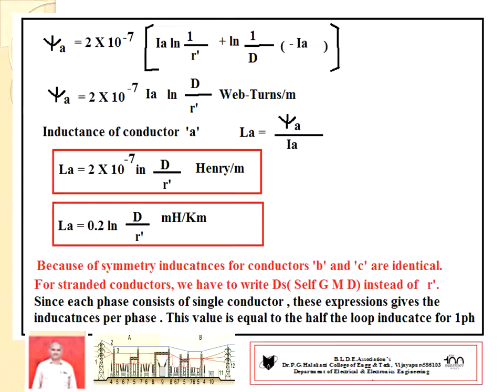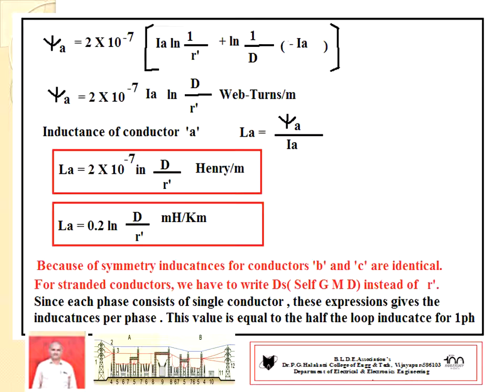So replacing the value of IB plus IC, that may be written as minus IA. Hence the final expression becomes 2 into 10 to the power of minus 7 inside the bracket [IA ln 1 divided by r dash plus ln 1 by d into minus IA].